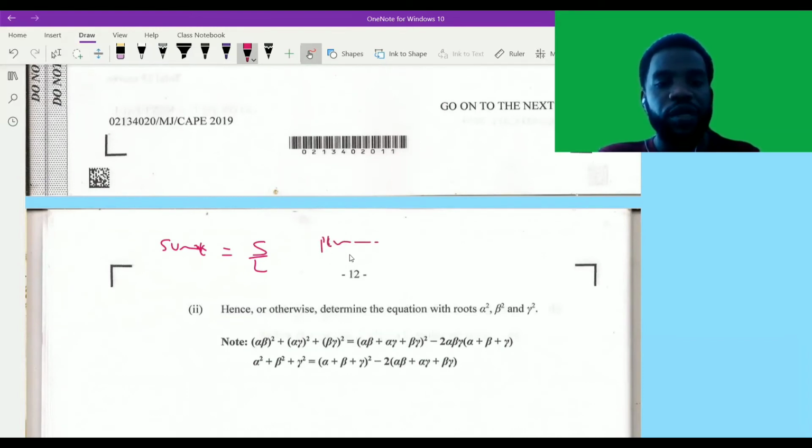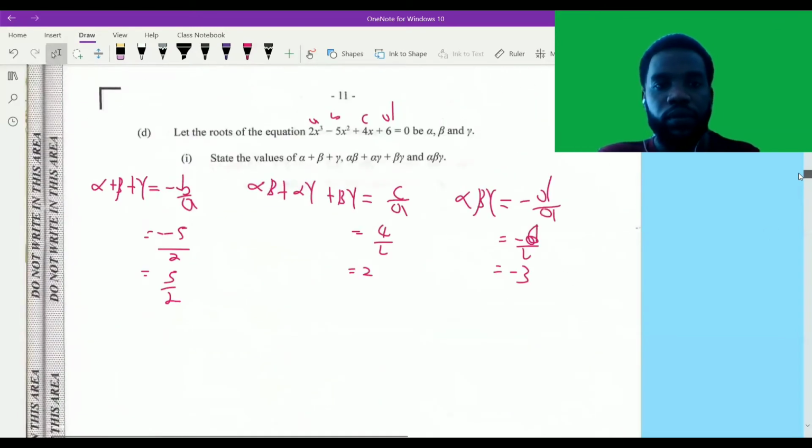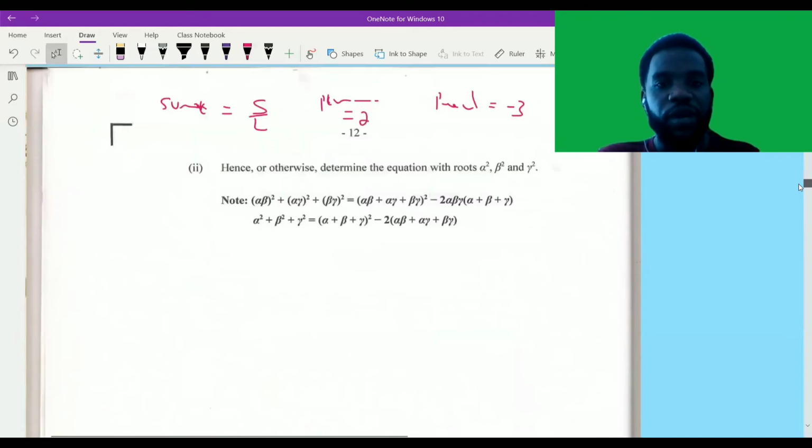The sum of products pairwise is equal to 2. And of course, the product is equal to minus 3. Let me just go back up quickly and check that. Because you know this question will never come without a part B.